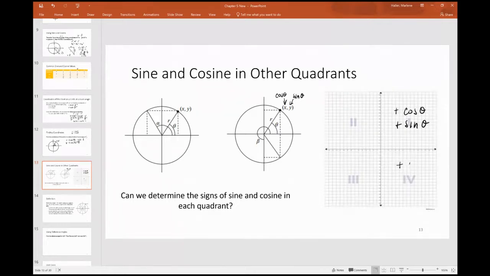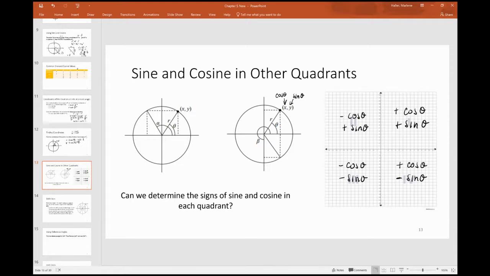So we can say that all cosines are positive in quadrant 4, but all sines are negative. Over here in quadrant 3, all sines and cosines are negative, because all x's and all y's are negative. And then up here in quadrant 2, the x's are negative, but the y's are positive. So we have negative cosines, and we have positive sines.